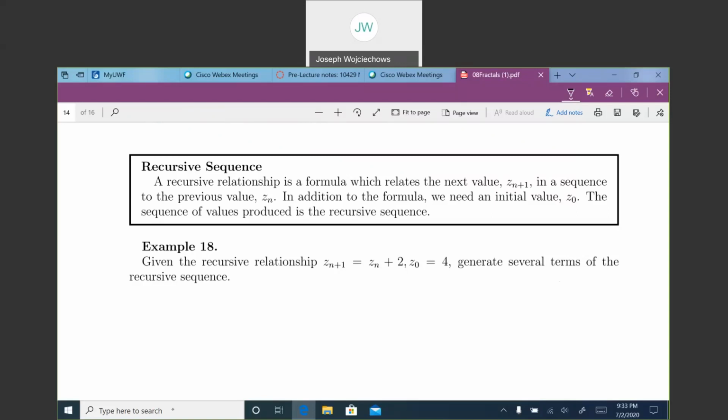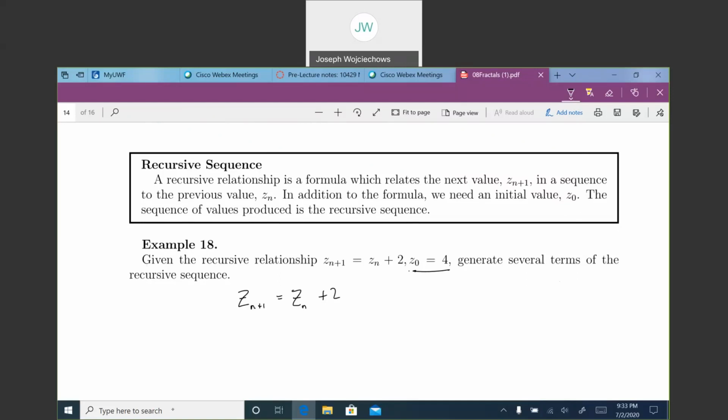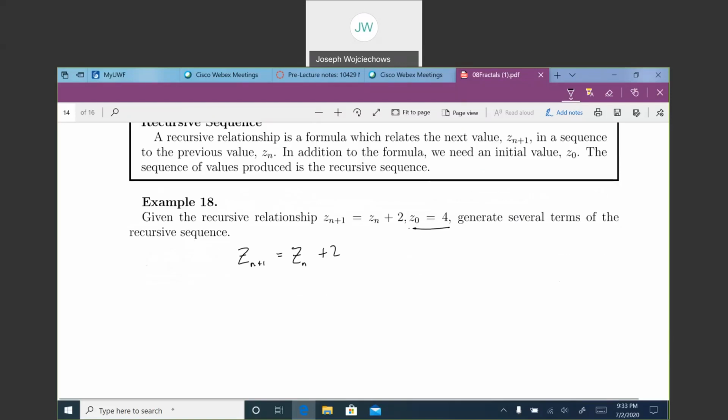We're given the recursive relationship z sub n plus 1 equal to z sub n plus 2, where z sub 0 is equal to 4. Find the first terms of the recursive relationship. So let's start. We know z sub 0 is equal to 4.